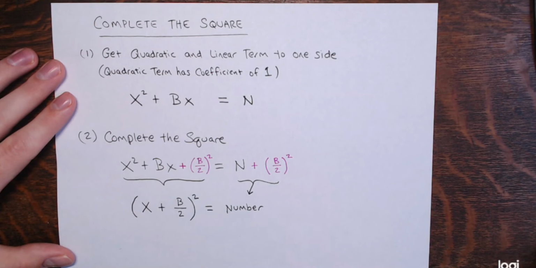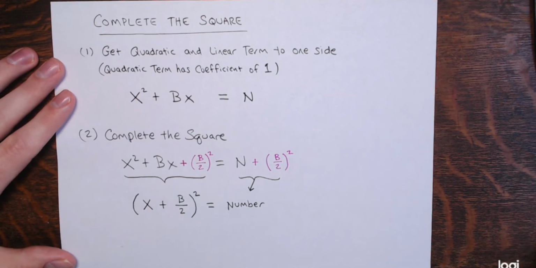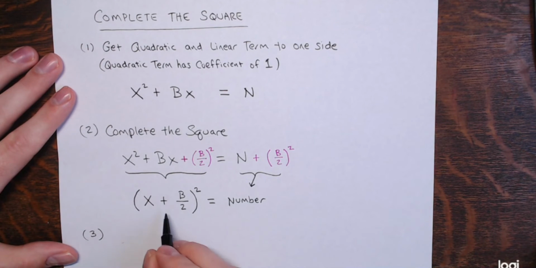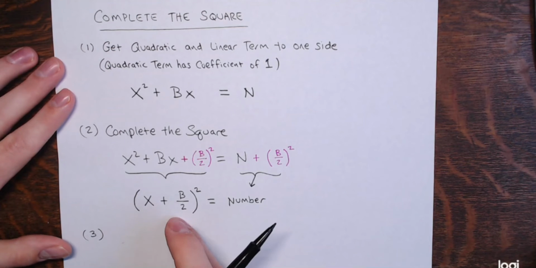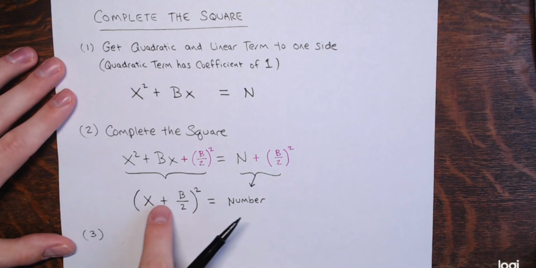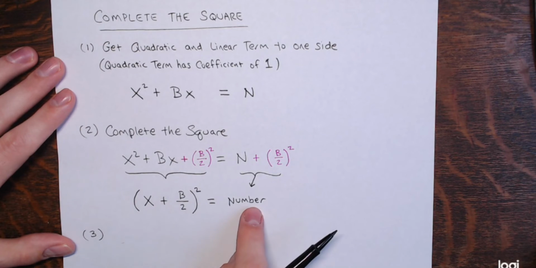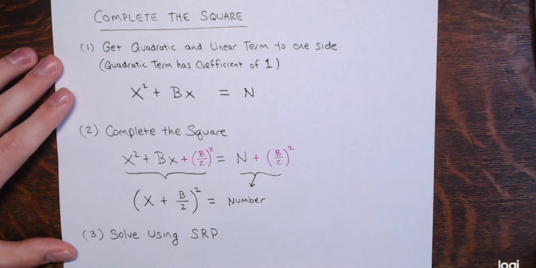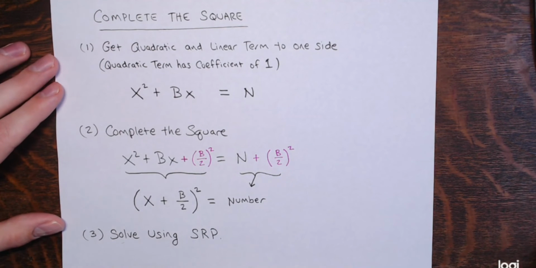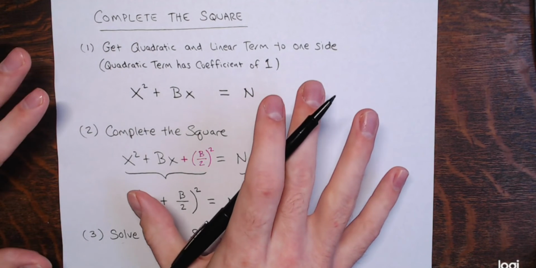And now the whole point of this is to get something you can apply the square root property to. You see I have an expression squared equal to a number. So then solve using the square root property as I showed you earlier in the video. SRP, square root property. And of course, check your solutions. Let me show you an example with some actual numbers here.